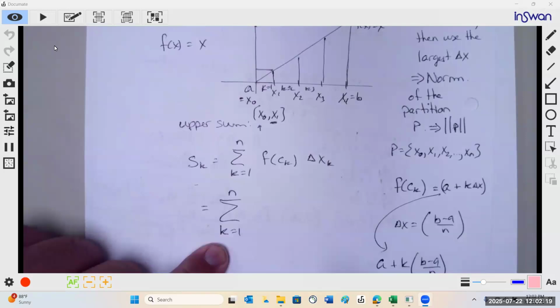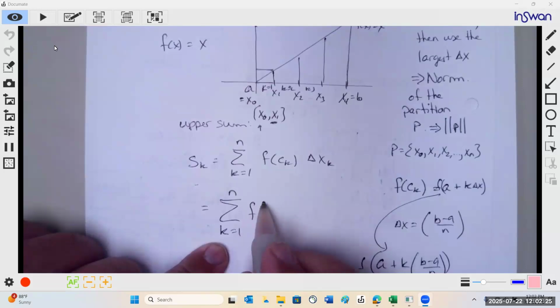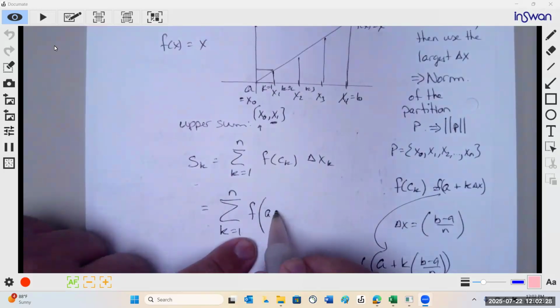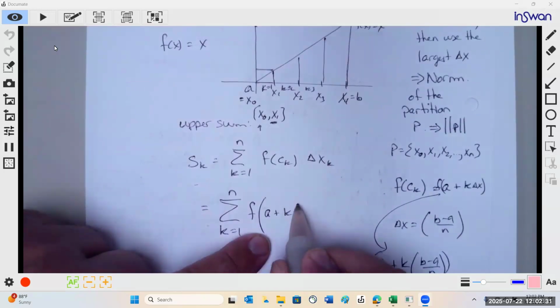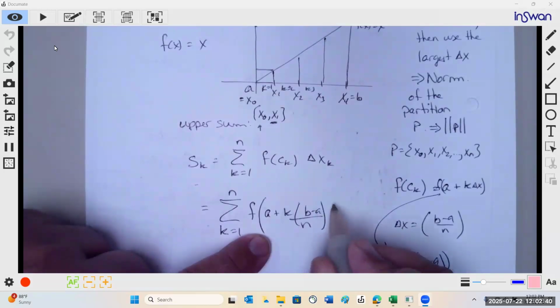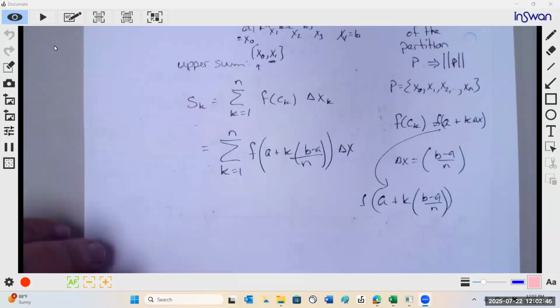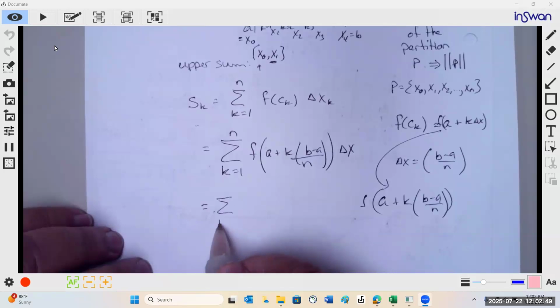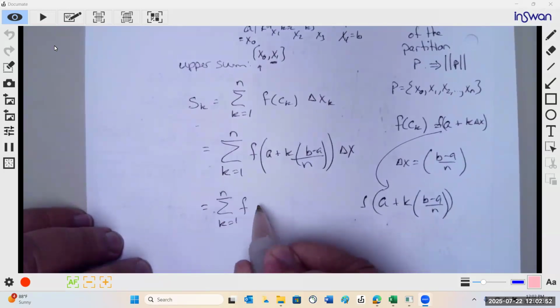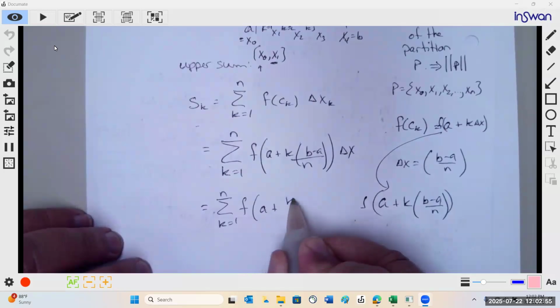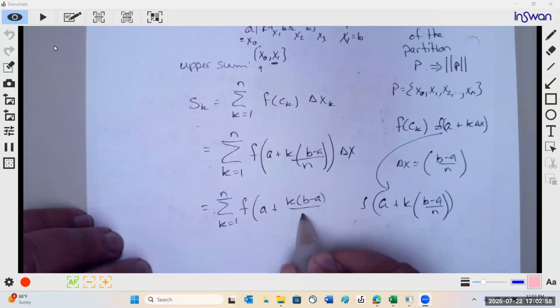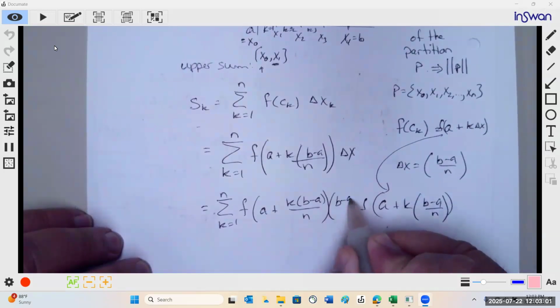So our function's input will be given by this formula: the function of a plus k times b minus a over n, times b minus a over n.